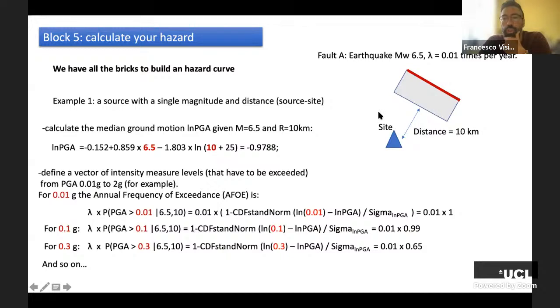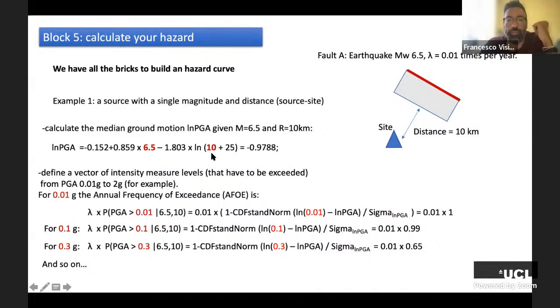The first example: if we have a fault A that can give us only magnitude 6.5, for simplicity, with a rate of 0.01 times per year, and this fault is located at a distance of 10 kilometers from our site, we can calculate the median ground motion using always the same equation, the logarithm of the PGA given magnitude 6.5 at a distance of 10 kilometers, and we obtain the logarithm that is minus 0.9788.